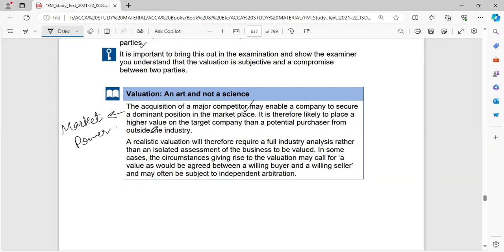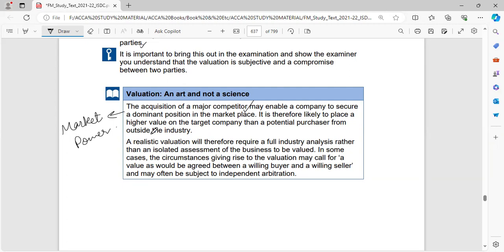It is therefore likely to place a higher value on the target company than a potential purchaser from outside the industry. A realistic valuation will therefore require a full industry analysis rather than an isolated assessment of the business to be valued. In some cases, circumstances giving rise to valuation may call for a value as would be agreed between the parties.